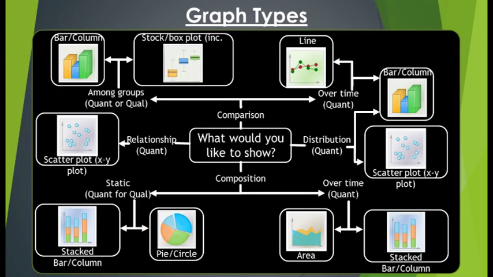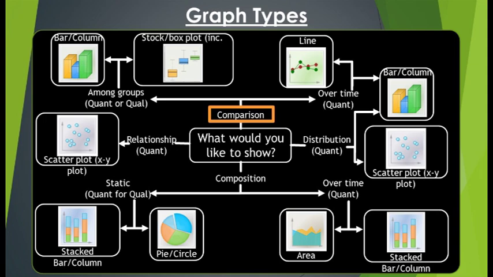So first ask, what would you like to show? For relationships, you have to have quantitative data because both the X and the Y require numerical values. For example, the relationship between size and heat loss. If you want to compare parts of a whole, you can do it either among groups or over time.